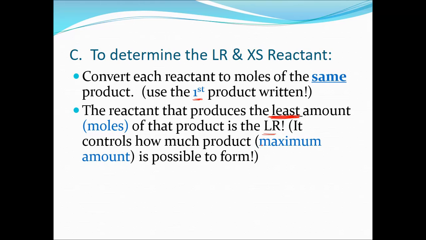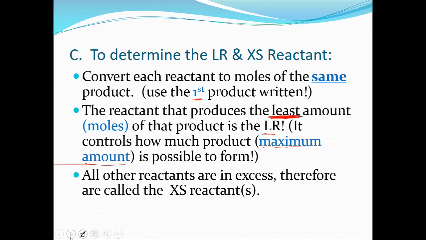So it determines the maximum amount of product possible to form. When the limiting reactant runs out, class, no more product can be made. So the reaction comes to a screeching halt, and unless I were to go back to the store and get some more peanut butter, I couldn't make any more sandwiches.